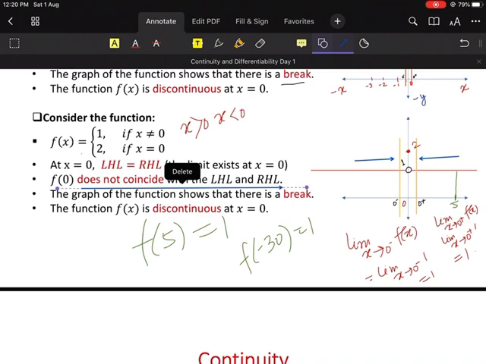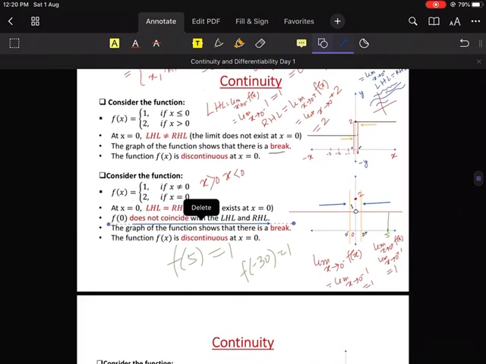This is the most important point. Now can I say that the function is discontinuous at x equal to 0? Because there is a break at x equal to 0, right? Everyone please tell me yes or no. Yes. I hope you understood.